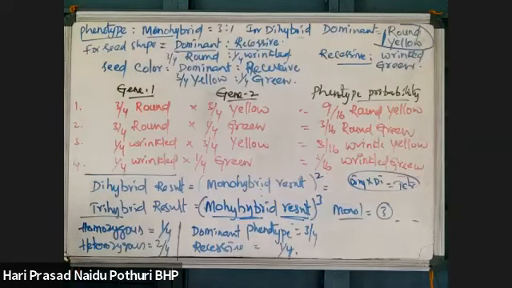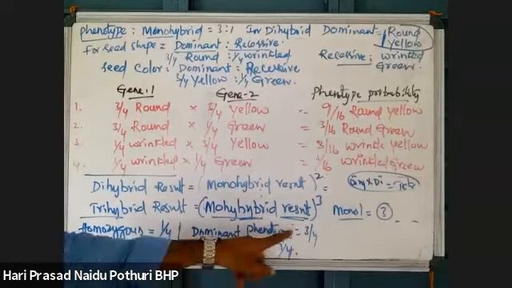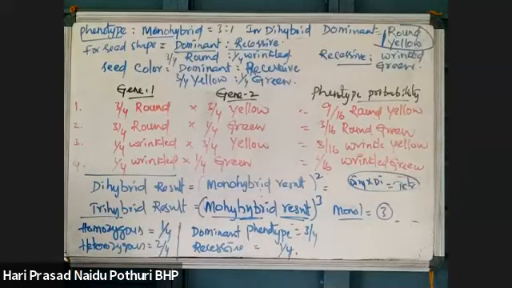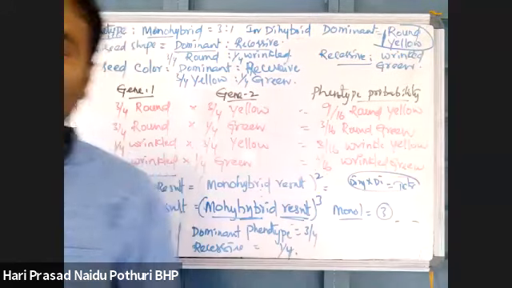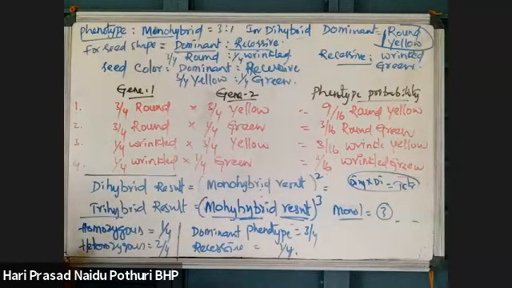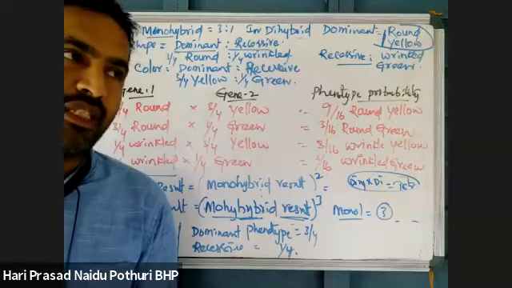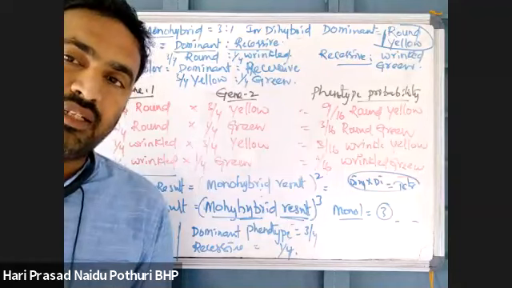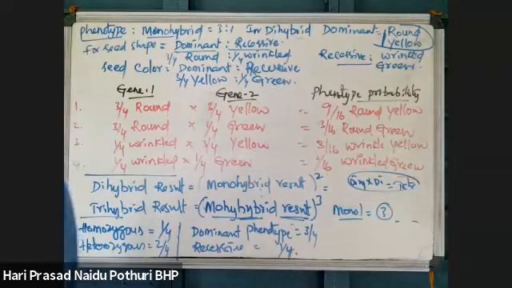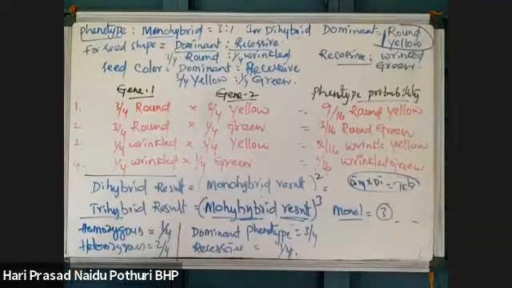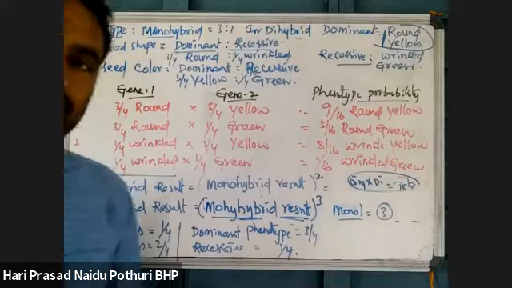Dominant phenotype probability is 3 by 4, recessive phenotype probability is 1 by 4. This is the probability rule. This is about Mendel's studies on Pisum sativum. Next, we will see other scientists' studies: chromosomal theory of inheritance, linkage, recombination, then human genetics, zoology part.